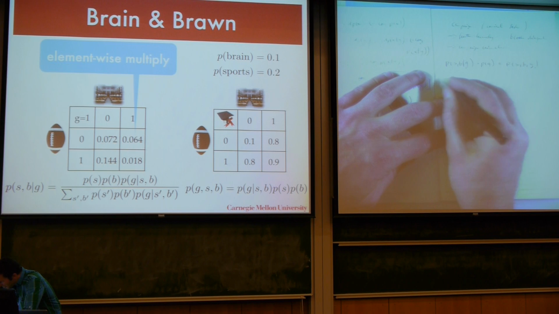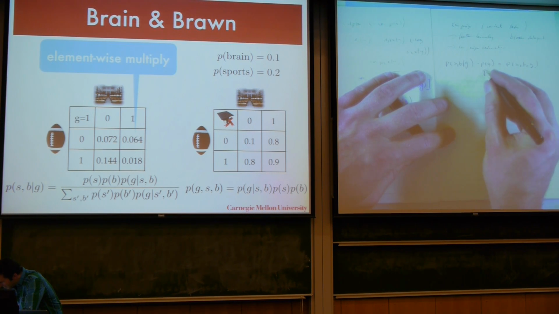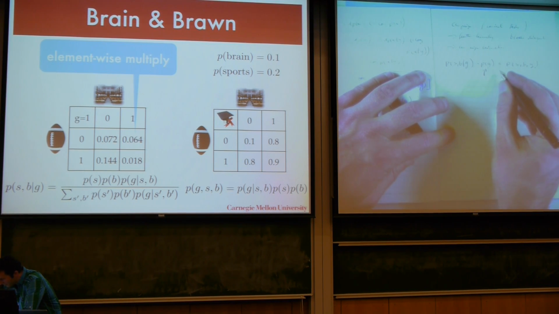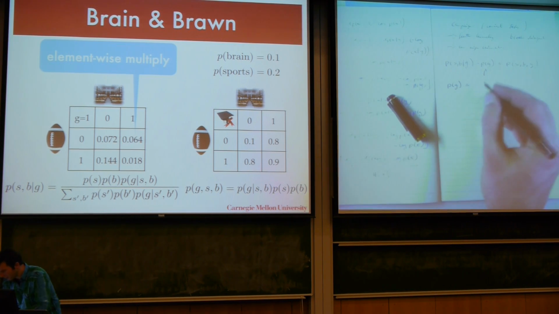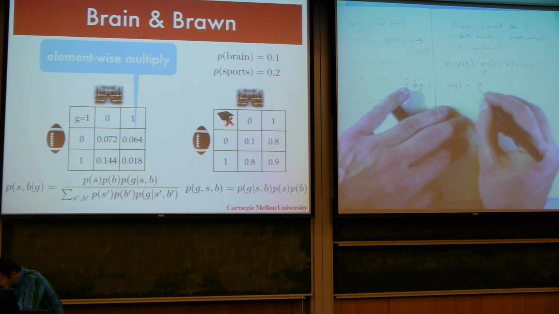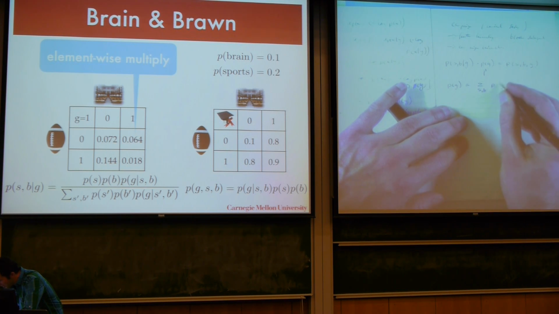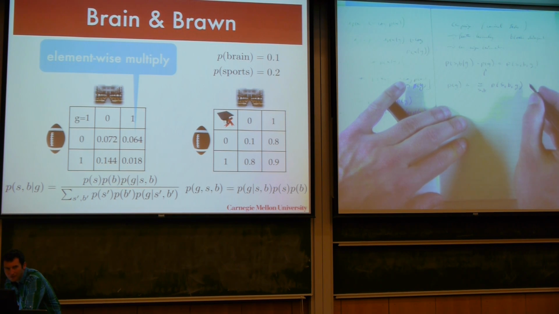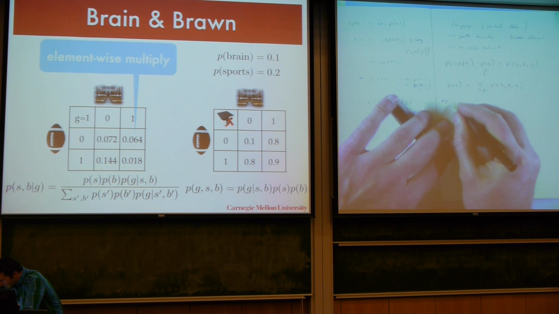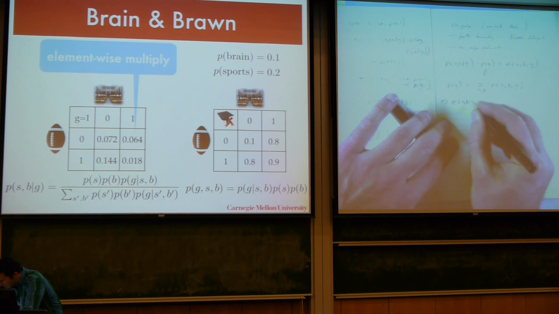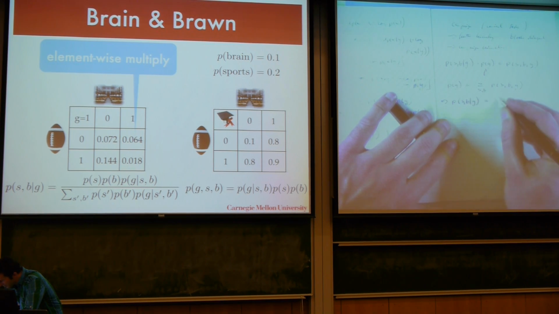So from that it follows, the thing is we need to compute P of G. So P of G is nothing else but the sum over S and B of P of S, B, and G.